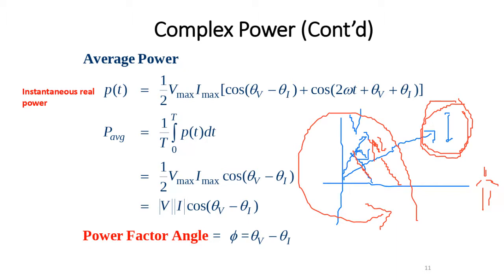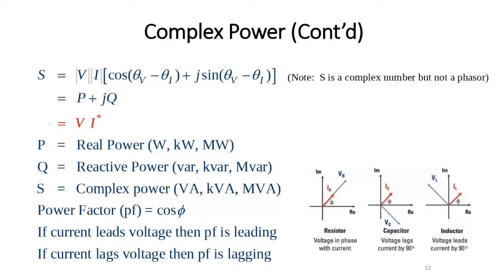So the current lags the voltage, so it's a lagging power factor. Therefore, you can determine this is an inductive circuit. So that's what we discussed here: inductive, capacitive, lagging, leading.